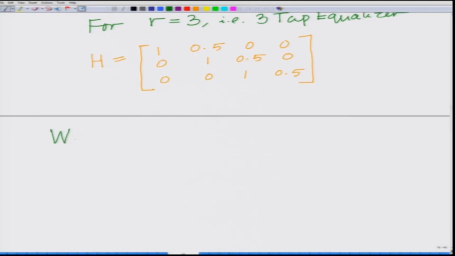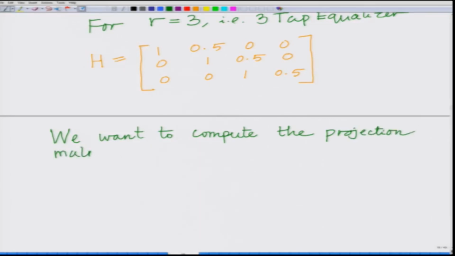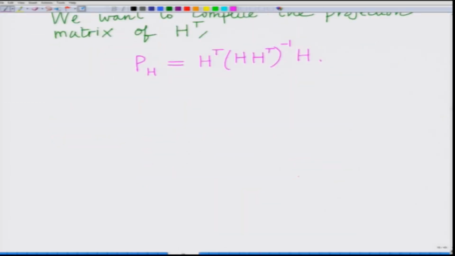So, we want to compute the projection matrix of H transpose, which is given as PH equals H transpose, H H transpose inverse, times H. Now, let us start by computing H transpose. Although we have already done that before, let us do it again for the sake of completeness.